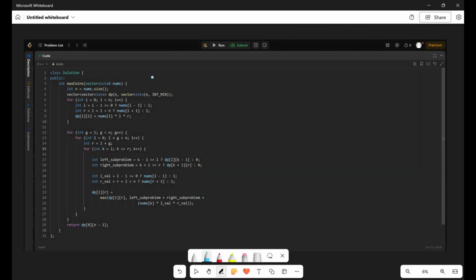Okay, so let's start with the code walkthrough. So here we have an n cross n vector defined. This is our dp vector, and we are pre-filling its values. So basically, essentially, we are filling in the 0, 0th cell, the 1, 1 cell, all having a size of 1. Now then, here we are traversing our dp vector diagonally, and we are computing the left subproblem and the right subproblem.